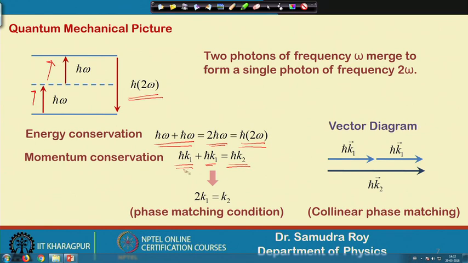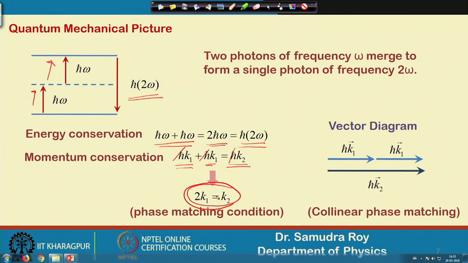Now, if I simplify this, or just cancel h cross, then the expression we have is nothing but the phase matching equation. So, the phase matching condition is nothing but the conservation of momentum. When the phase matching condition is there, the momentum is conserved, and under that condition we have greater efficiency.